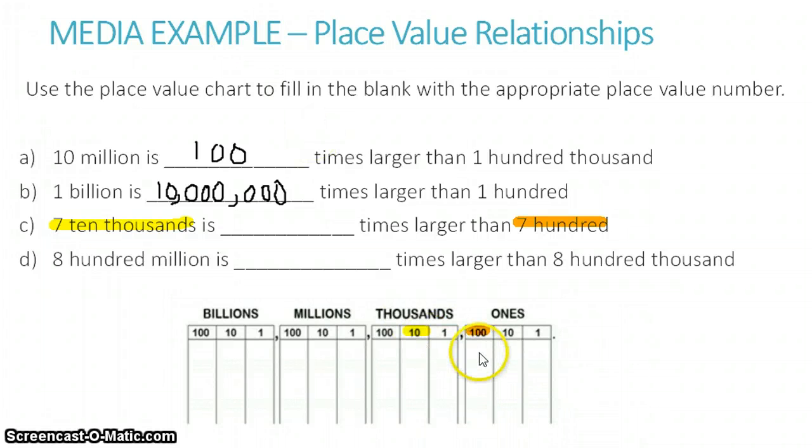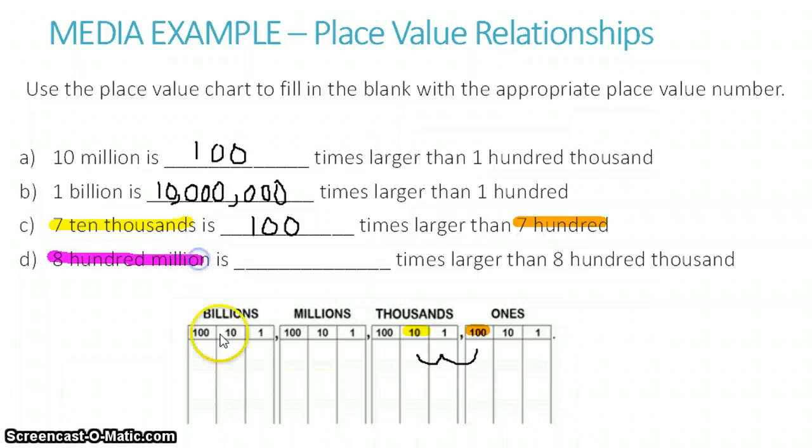So we would start at the smaller number, we move over 2 place values to the left, so that again will be a 1 with 2 zeros. So 7 10,000s is 100 times larger than 700. Let's look at the last one.